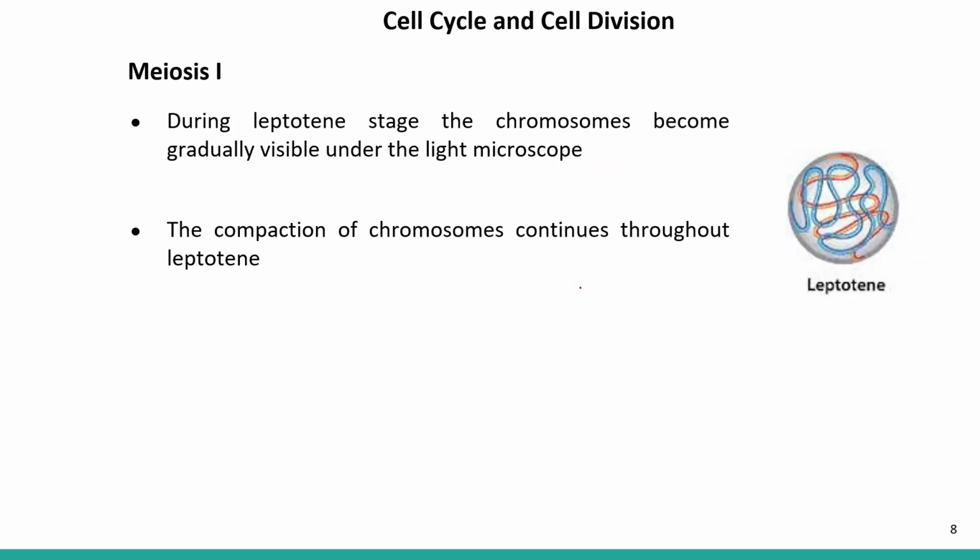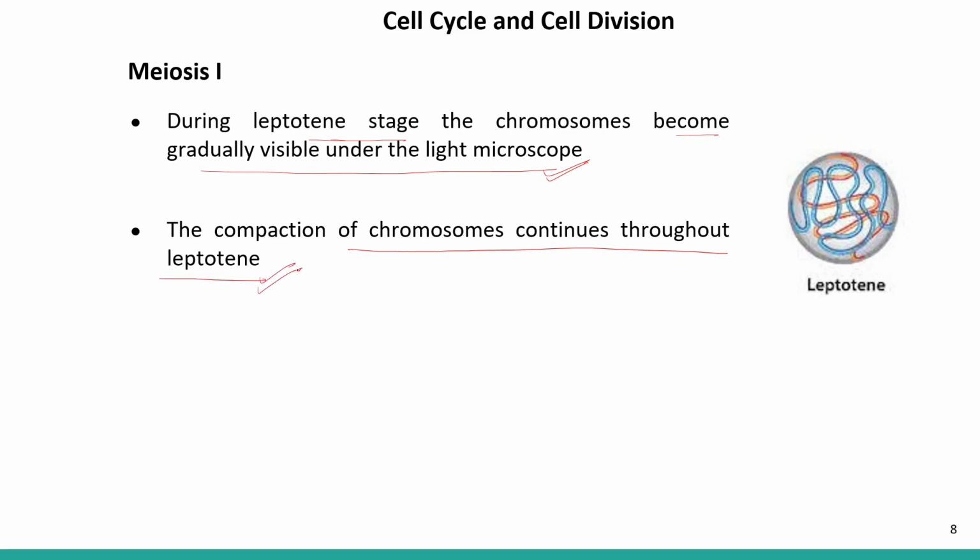So first one, during the leptotene stage, the chromosomes become gradually visible under the light microscope. They become condensed and can be seen under the light microscope. The compaction of the chromosomes continues throughout leptotene.